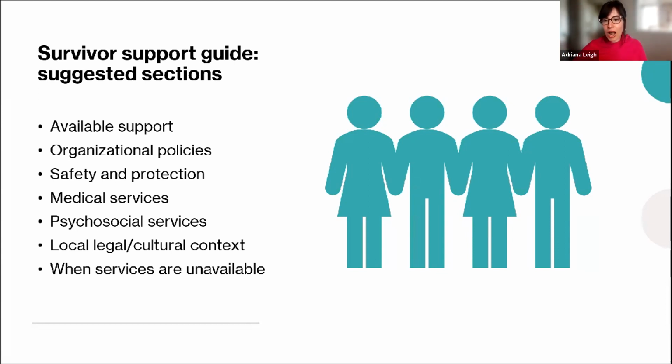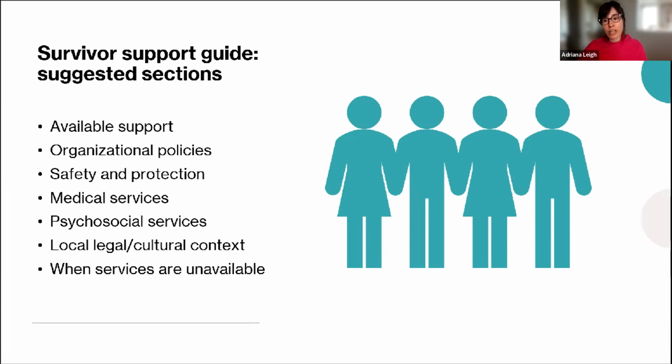You're going to be mapping it out and highlighting the local context, the barriers to support, and so survivors also know what the costs of support are. Maybe there are barriers in terms of people only speaking the local language, as Ramisha had mentioned. So these are all things to think about when you're mapping out the local support that's available.